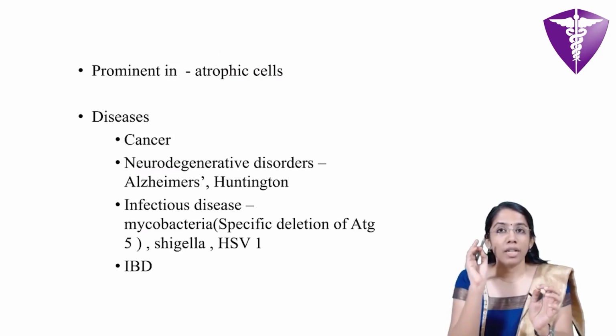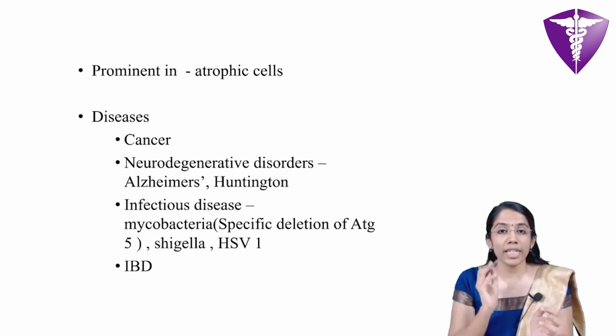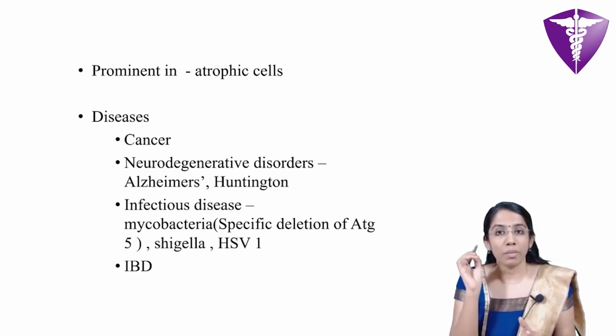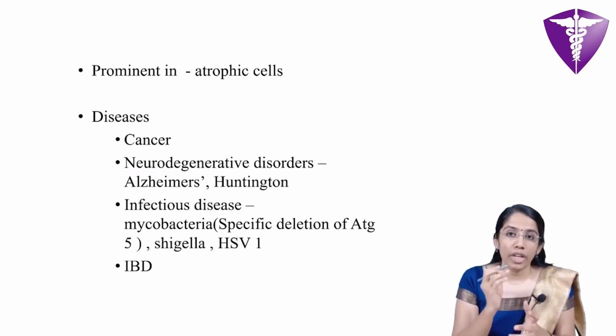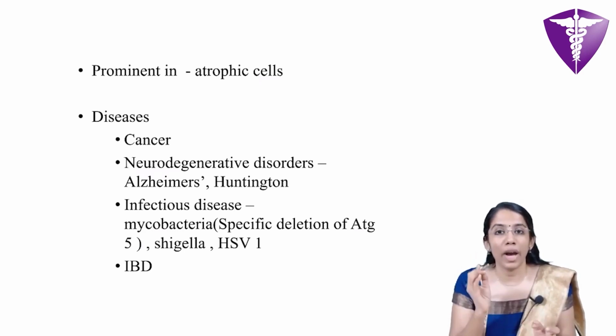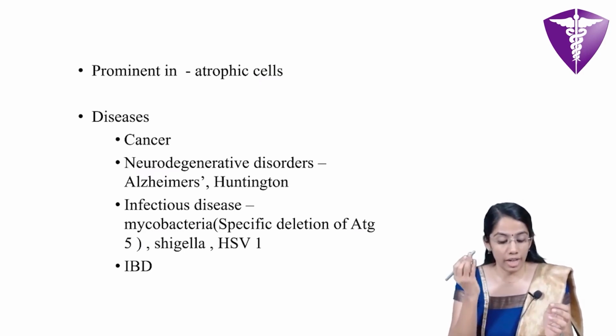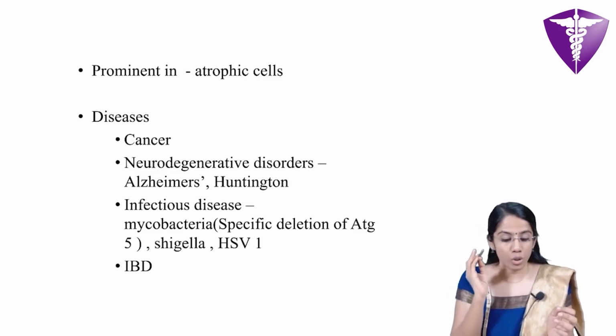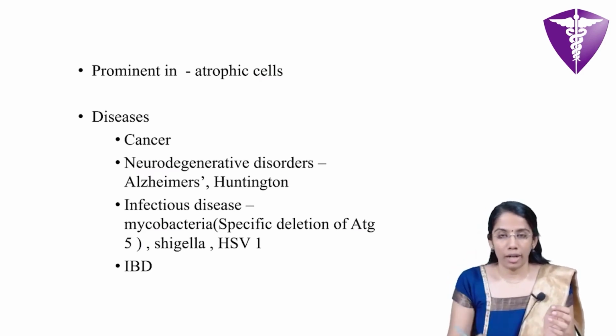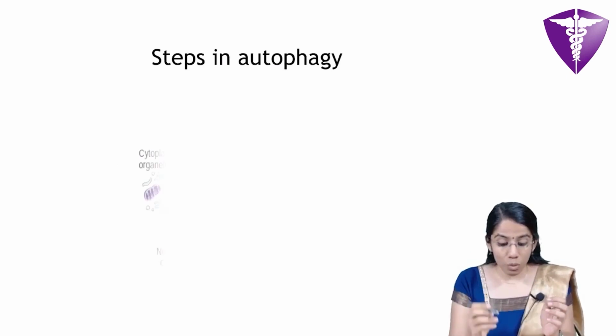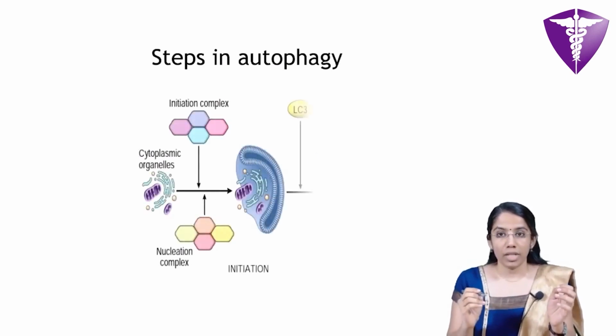So it mainly occurs in atrophic cells and in disease conditions such as cancer and in neurodegenerative disorders such as Alzheimer's and Huntington's, and also in infectious diseases such as mycobacterial infection, HSV1 infection, and Shigella infection. In inflammatory bowel disease also autophagy can occur.